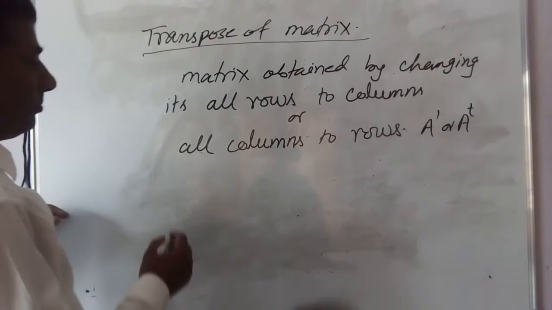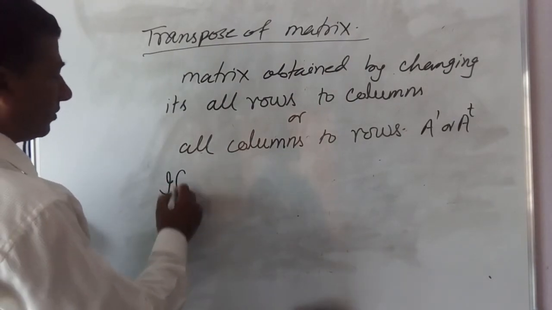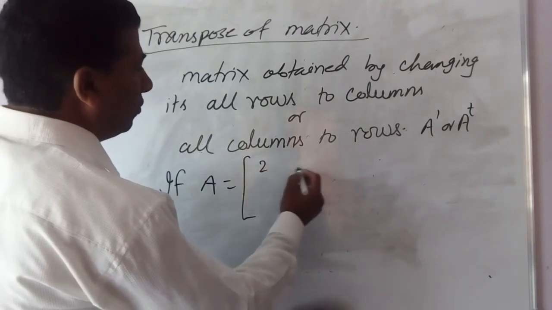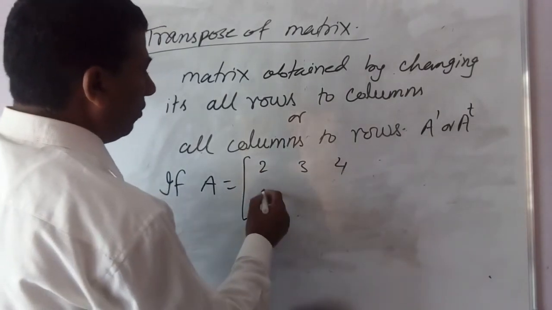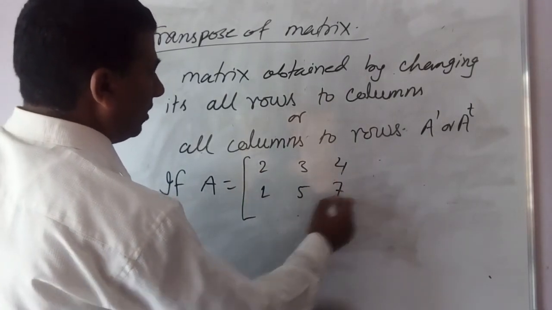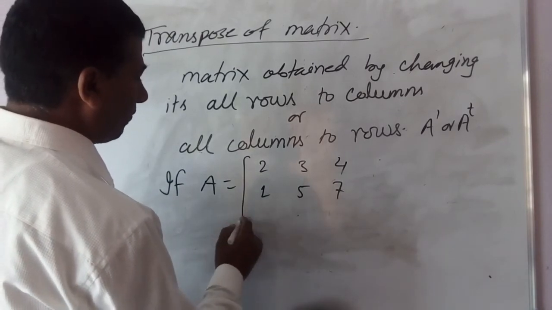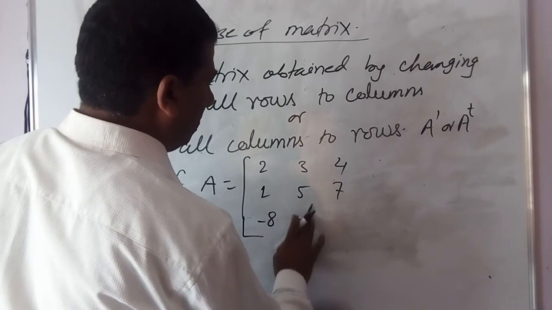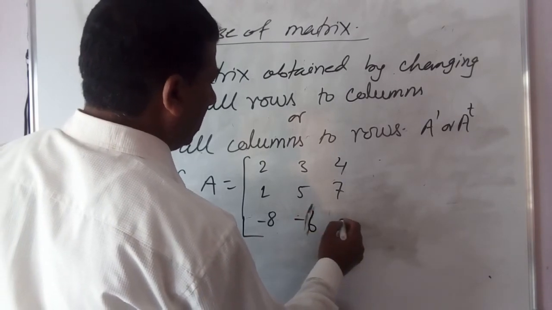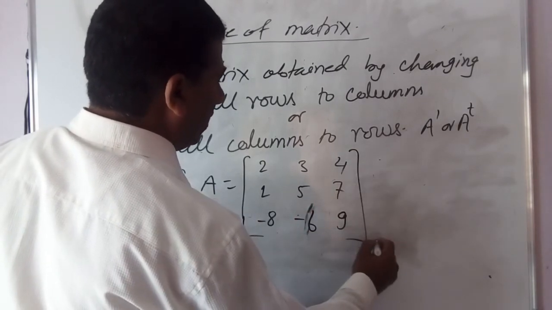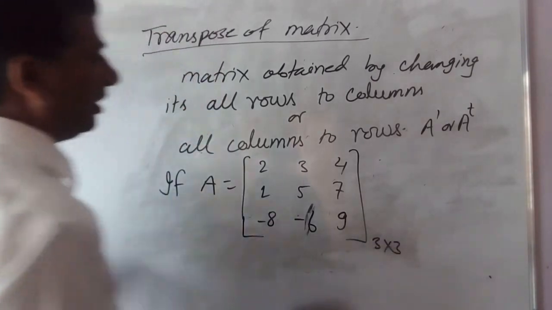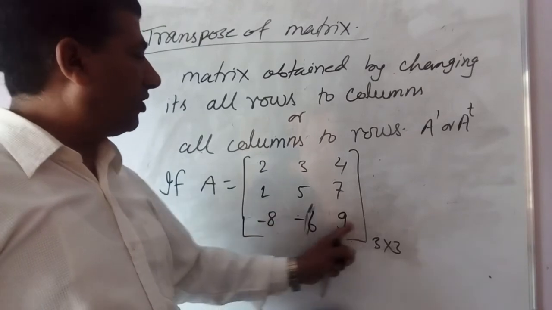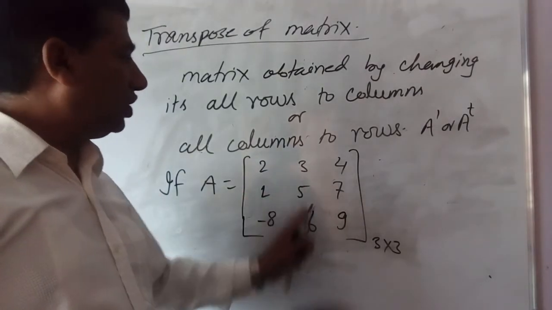Now I'll give one example. If A equals the matrix 2, 3, 4, 1, 5, 7, -8, -5, -6, 9. I have taken a matrix of 3 by 3. See here, this one is R1, R2, R3 and this one is C1, C2, C3.